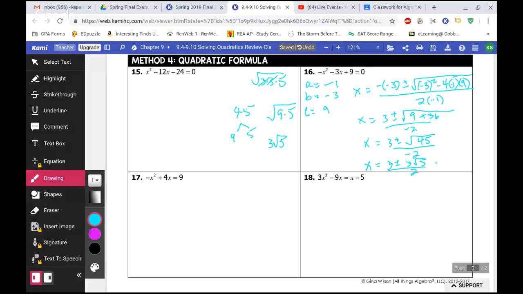You could also write it like this: 3 over 2 plus or minus 3 root 5 over 2. Either way is perfectly fine. I think I left off a negative though. The negative here, and I know on the answer sheet, she put it up here. You may leave it here or you may put it here.